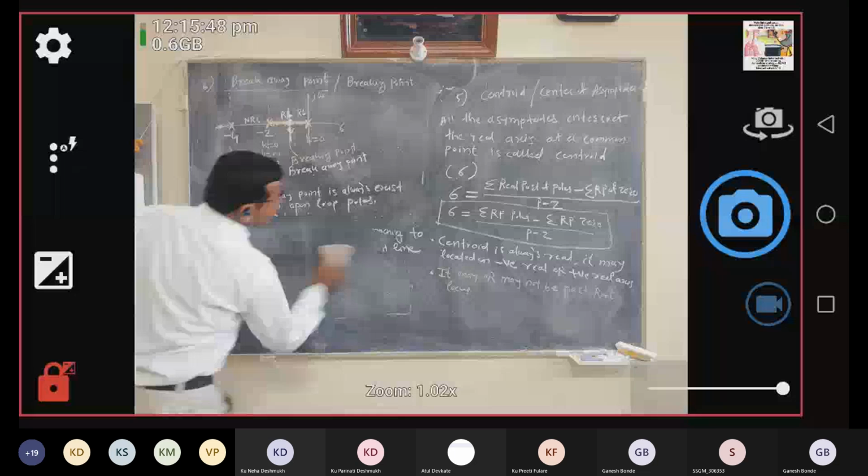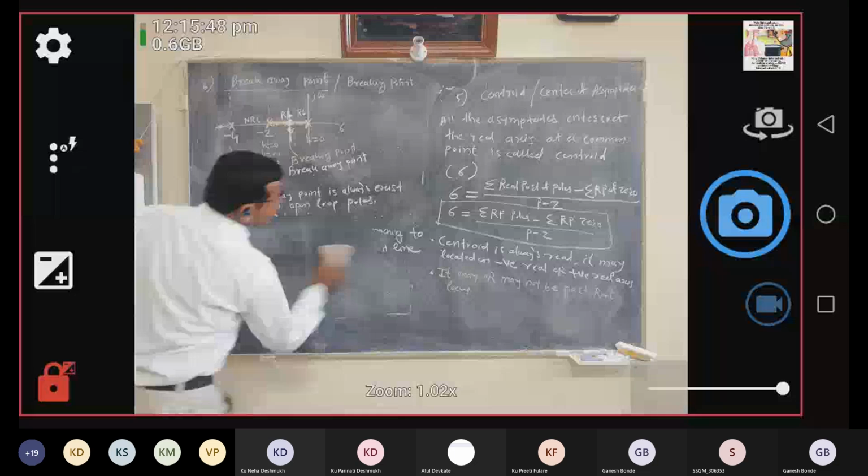I will give you the example in the next part. So the breakaway point is always related with the two open loop poles, and it always exists between the two open loop poles which are a part of the root locus.